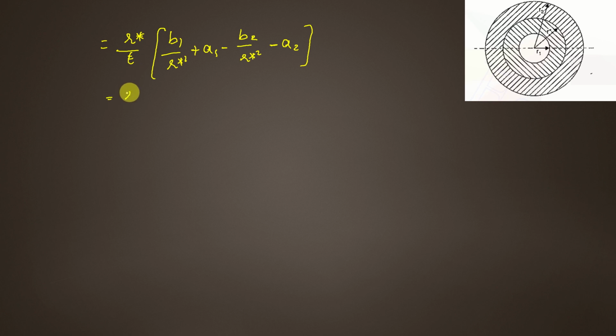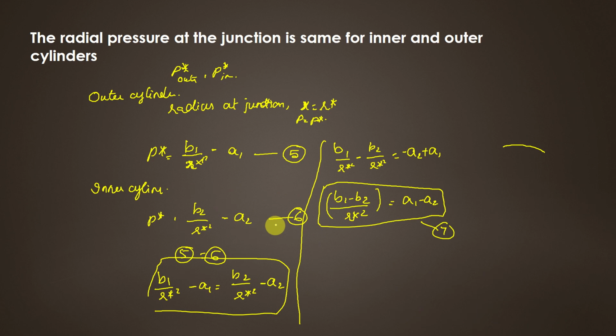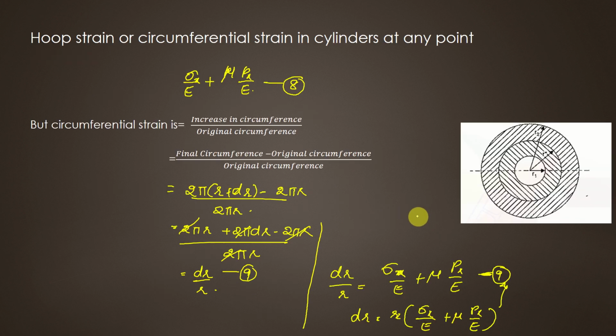So what will you get now? R star by E into B1 minus B2 by R star square plus A1 minus A2, right? Again this value is there from equation 3, I think. From this we get the conclusion that B1 minus B2 by R star square is equal to A1 minus A2. That is equation number 7.